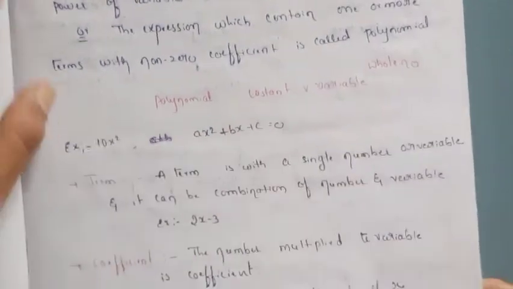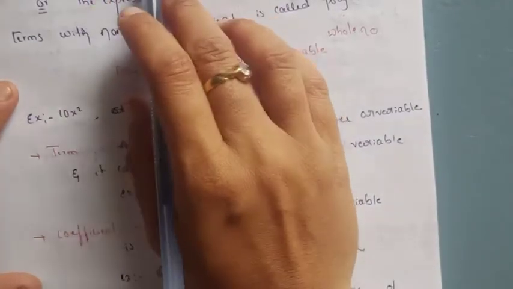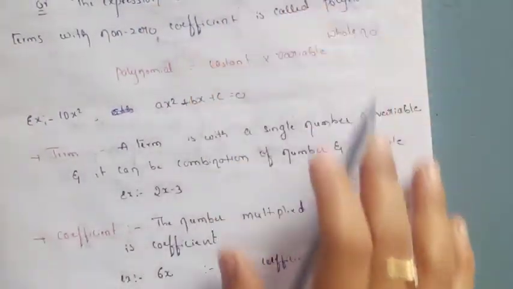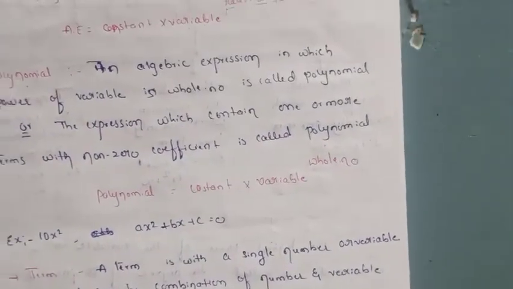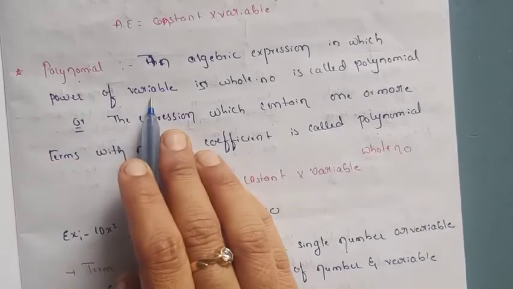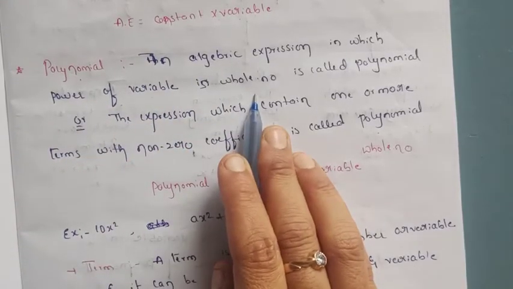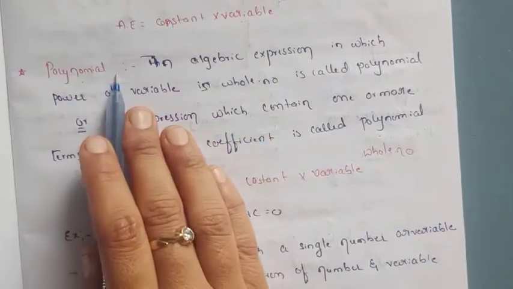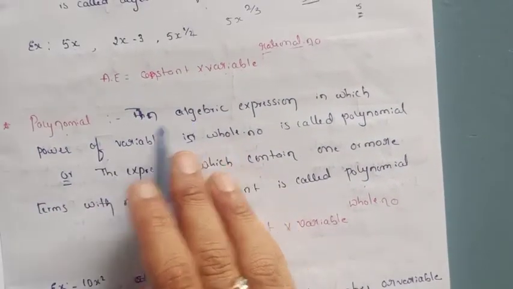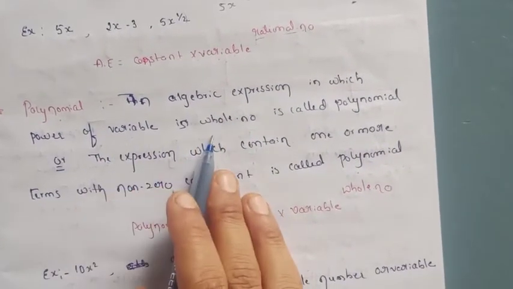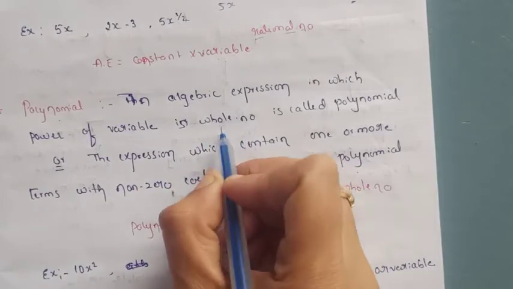Next, polynomial. A polynomial is an algebraic expression in which the power of the variable is a whole number. The difference between algebraic and polynomial is that the power of the variable should be a whole number.